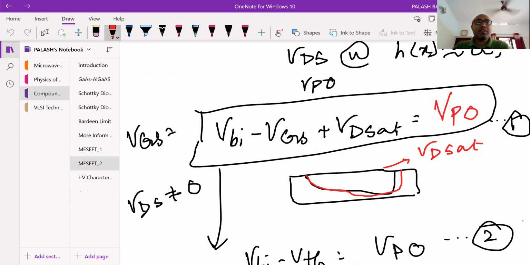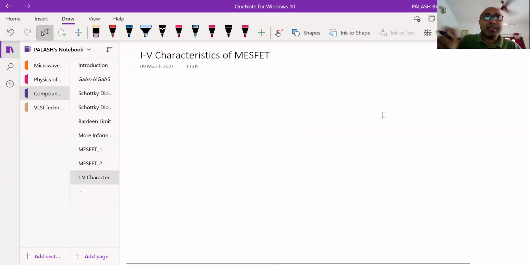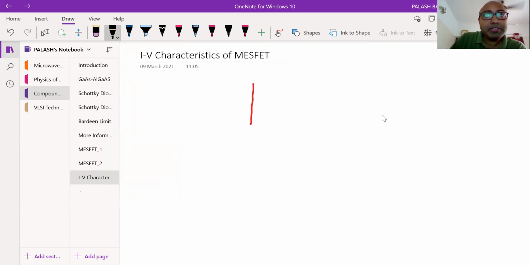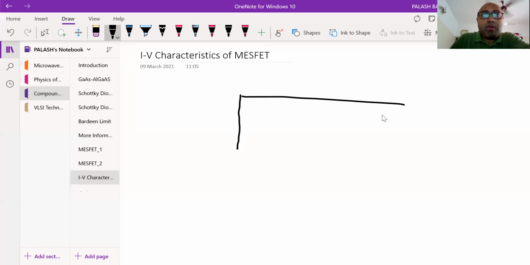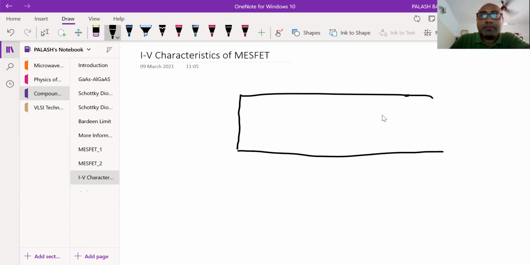Let me draw so that you won't have any difficulty understanding. You have a source, which is an ohmic contact or low contact resistance part.